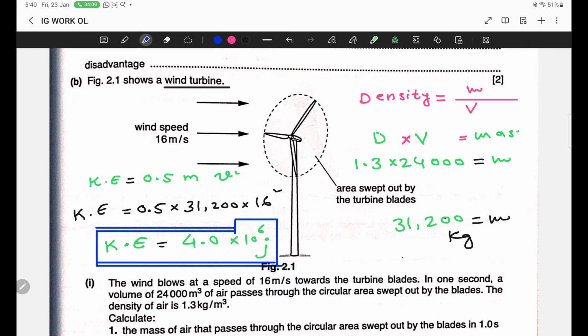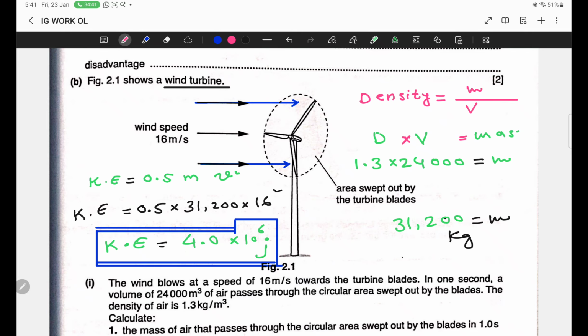The question is why? So, I am not using physics, I am applying common sense. The common sense is when air is passing through this circular region, then most of the air passes straight without hitting the blades of the turbine.